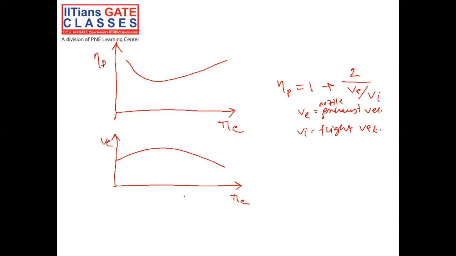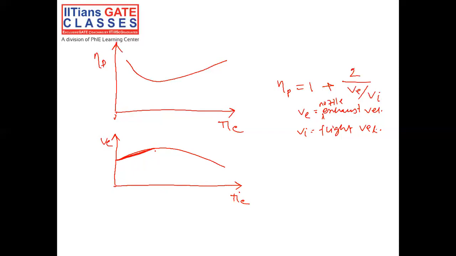Initially, with increasing compressor pressure ratio, the exhaust velocity increases. This happens because as we increase the compressor pressure ratio, the compressor exit temperature is higher, which means the combustion entry temperature is also higher. So with the same amount of fuel addition inside the combustion chamber, the turbine entry temperature will be higher, which means the exhaust velocity will be higher.